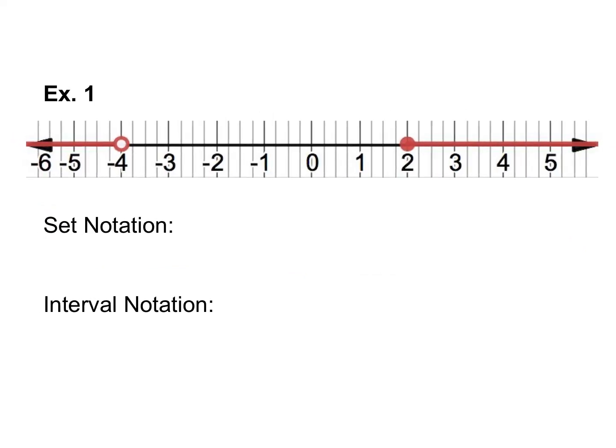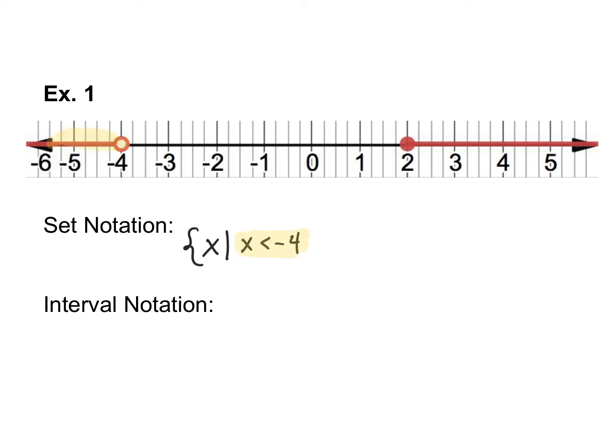In this first example, notice that on the left hand side we have some shaded red, and on the right hand side we also have more red. So we're going to go ahead and write our set notation. We start off with the set of x values, where x is less than -4.